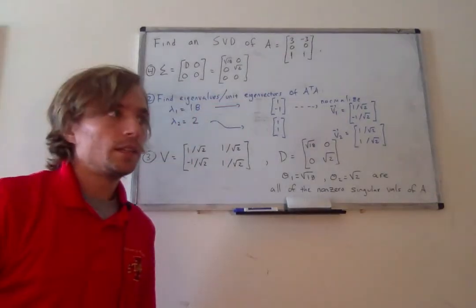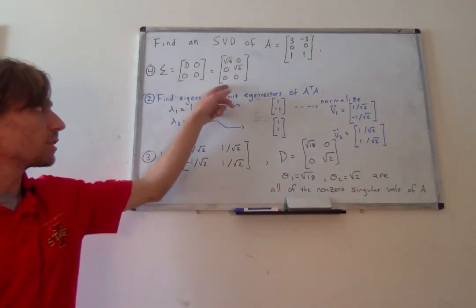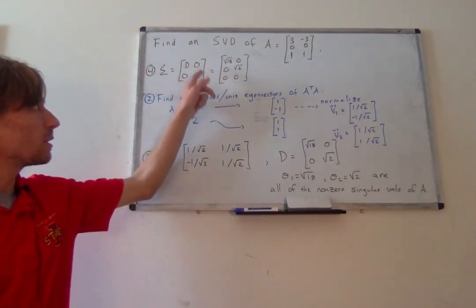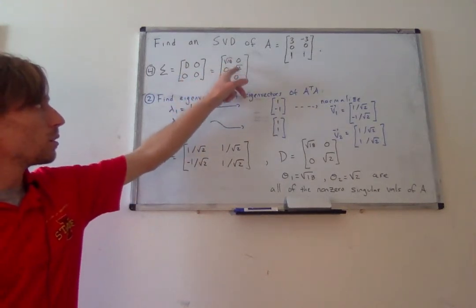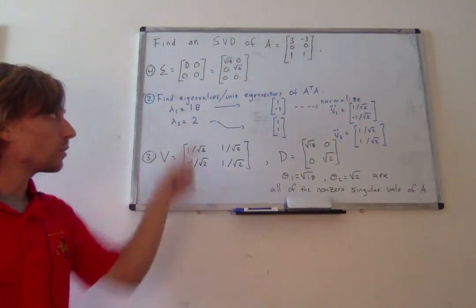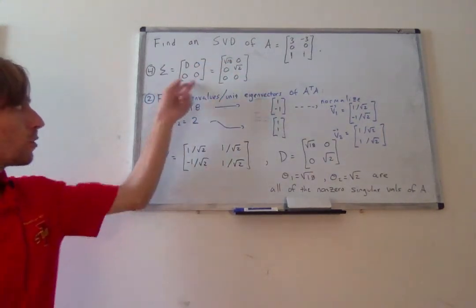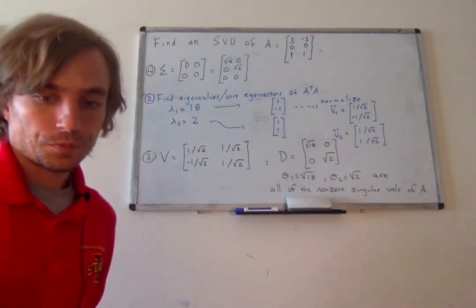A is a 3 by 2 matrix, so I just have to add one row of all zeros to sigma. Now sigma is technically a block matrix containing D in its upper left. We've added zeros everywhere else so that its dimensions match A. So now we found 2/3 of our singular value decomposition.